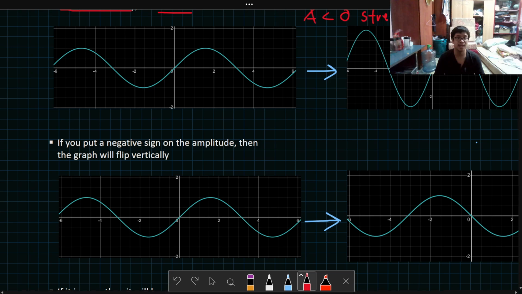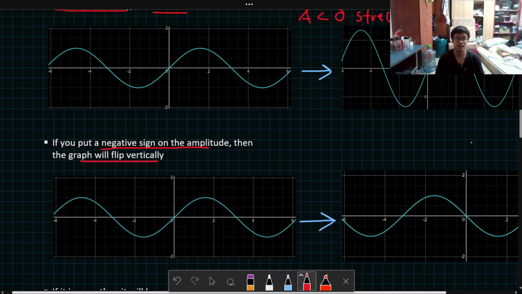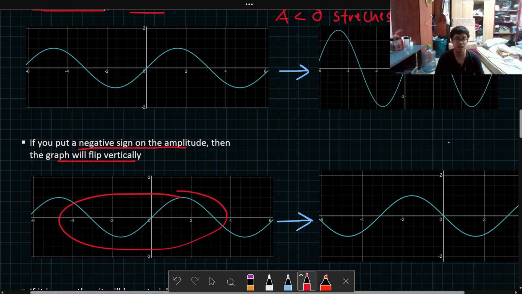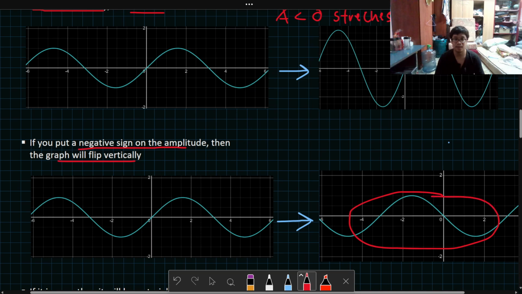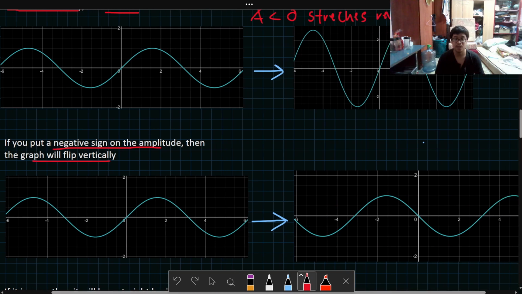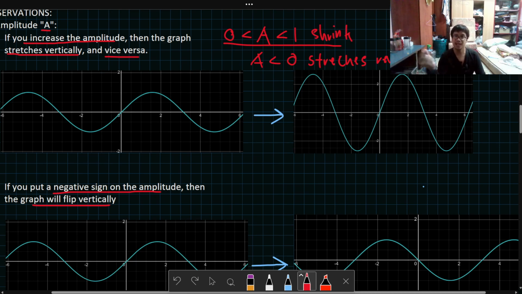Also, if you put a negative sign on the amplitude, then the graph will flip vertically. This is the original, and see what happened. It flips vertically, which explains why if you decrease the value of A, negatively speaking, it stretches, but reversely or oppositely.